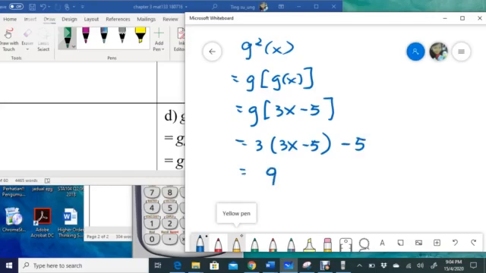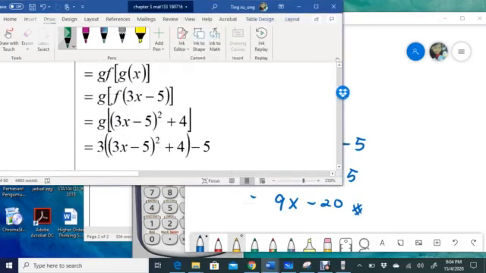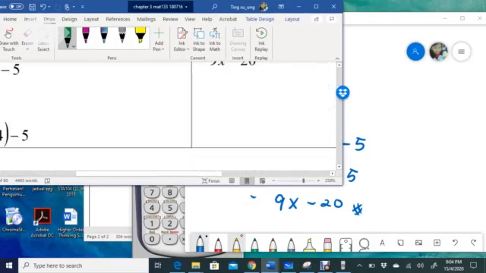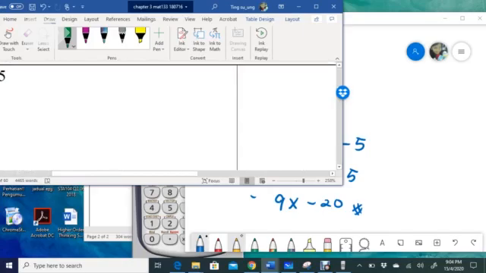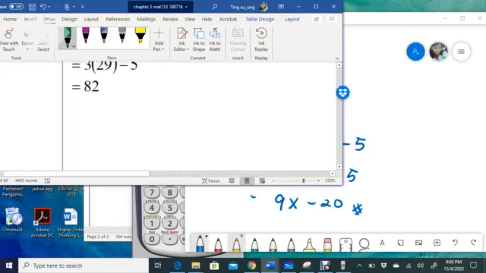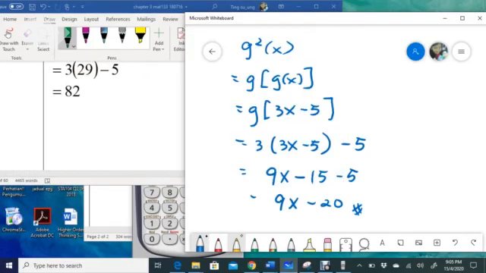So you have 9x minus 15 minus 5, so you have 9x minus 20. Just like that. You just substitute whatever it is. I think it should be okay, right? Okay, so that's it.